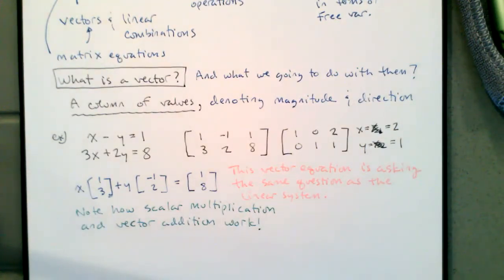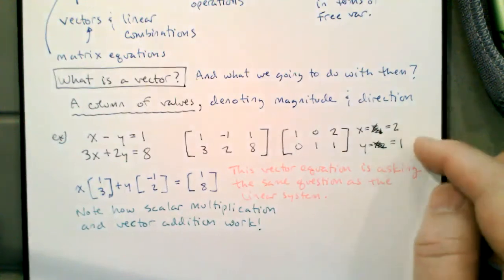I usually just do this to introduce scalar multiplication and vector addition because it works exactly how you think it would work. If there's an operation that's going to be weird, then we'll spend time going over it. But scalar multiplication and vector addition, it works exactly how you think it would work.